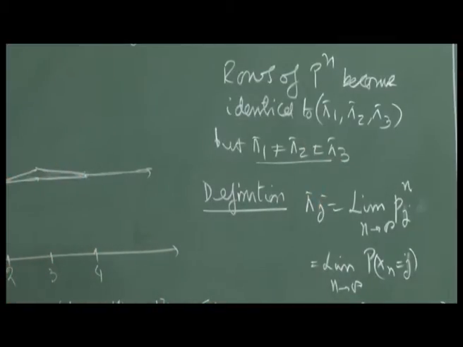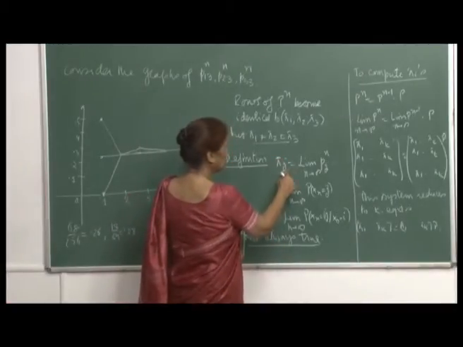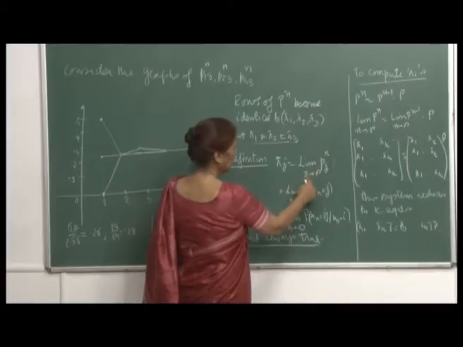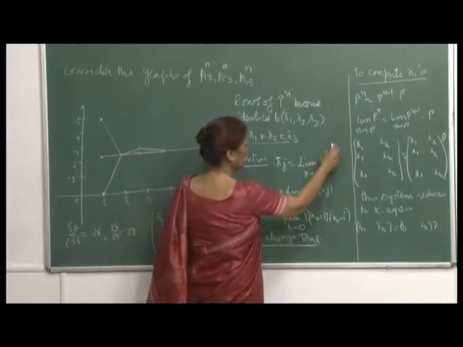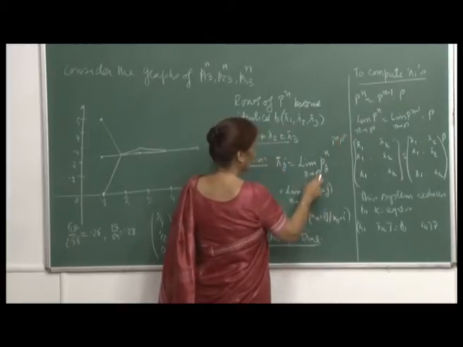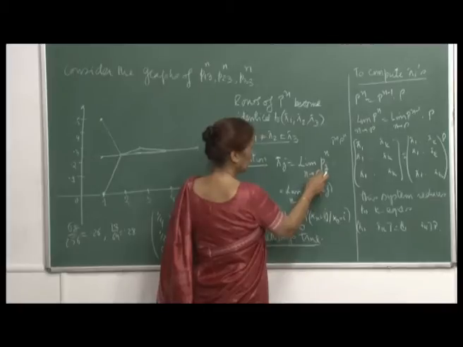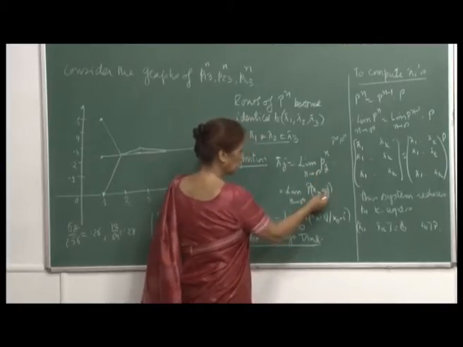Okay. And so, the definition of the steady state probability is that pi j is the limit of p j n as n goes to infinity. Remember, we define this as multiplying by p 0 and p n. So, this is the limiting value of p j n as n goes to infinity, which is actually the probability that x n is in j.